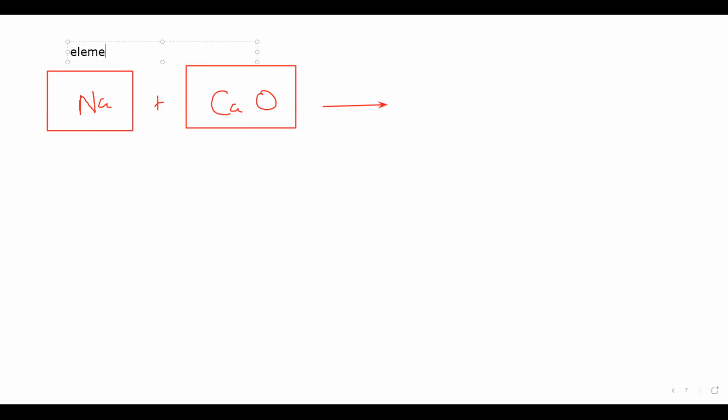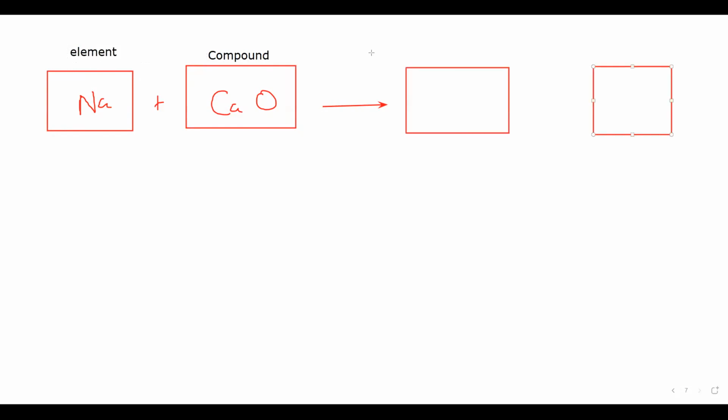Here sodium is an element, and calcium oxide is a compound. So it will result in the formation of a compound and an element. First we identify that this element is a metal. So if it's a metal, it will displace the first part.